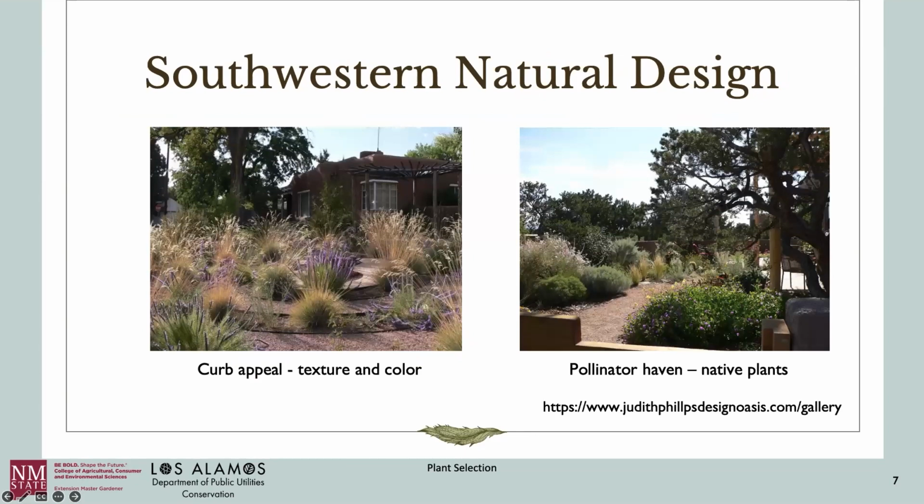Now, the Southwestern natural design, to me, is less busy. It focuses mostly on native plants. To me, it's visually calming. It's a pleasant place to be in. It has less variety and probably a little bit less maintenance than the English style.